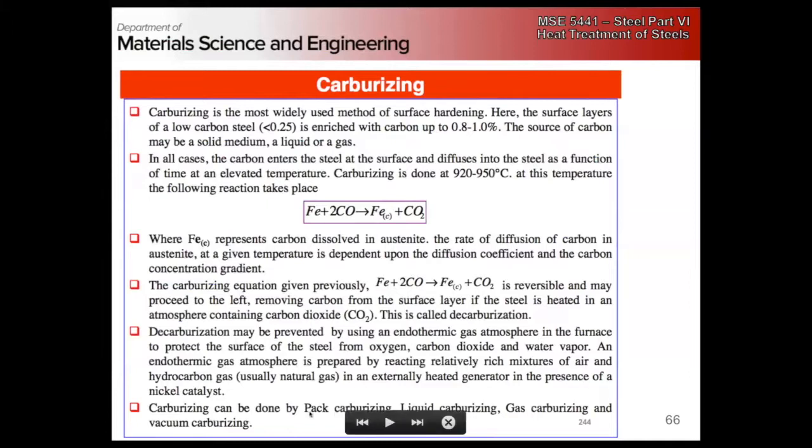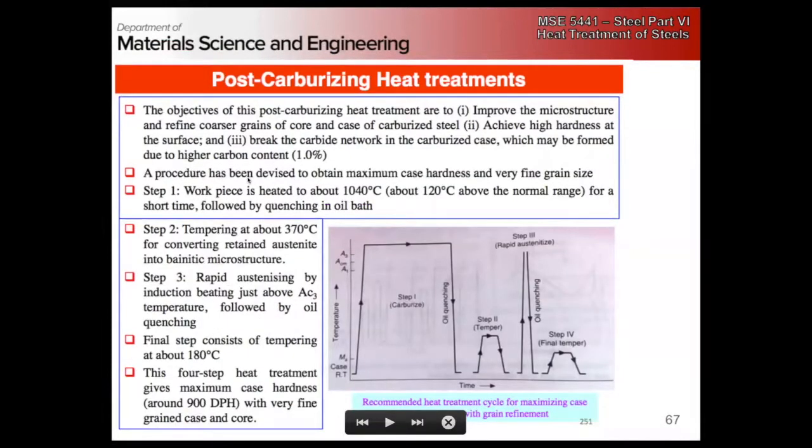but you can also do it in batches, either in pack carburizing liquids. You can put it in a carbon monoxide environment, right? And so then there's a whole range of post-carburizing heat treatment, right?